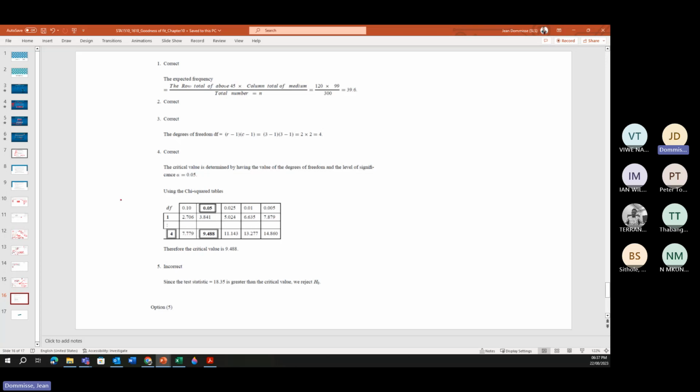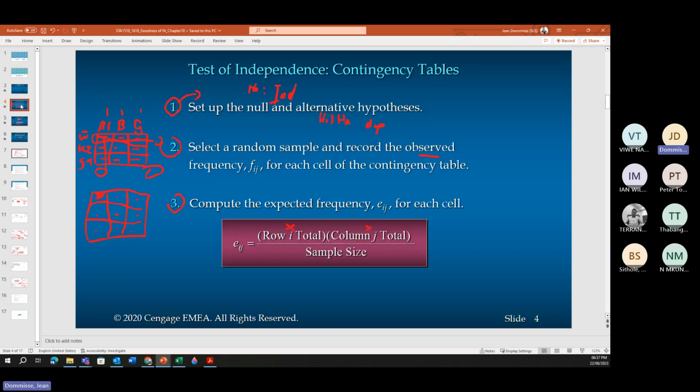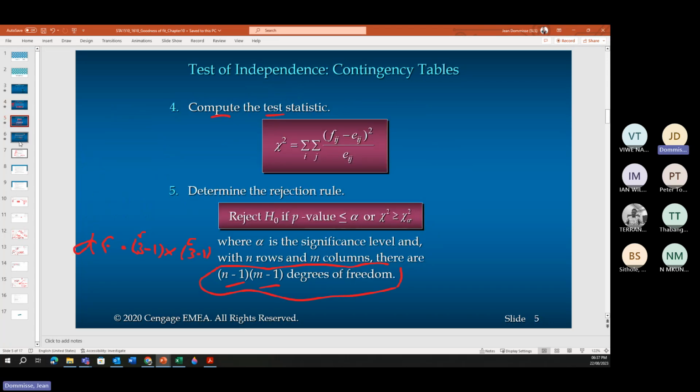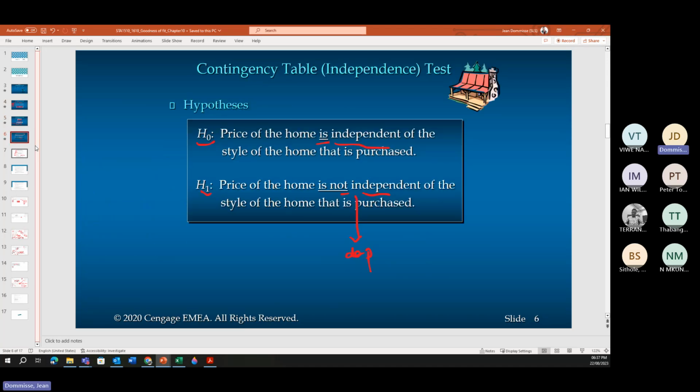In the hypothesis testing or the goodness of fit with the chi-square, basically what is needed is these three slides that we look at. Let's do that first.